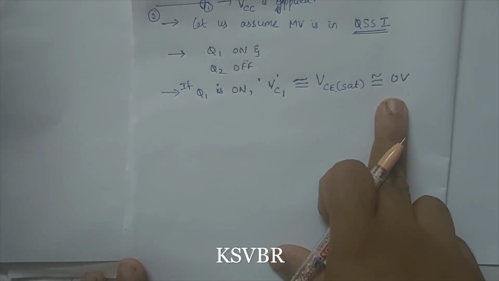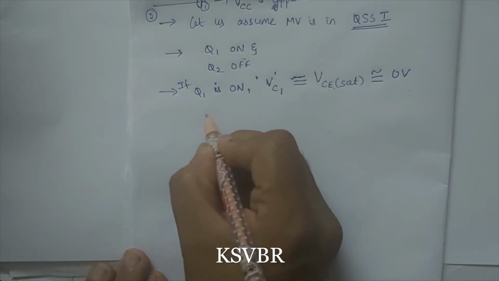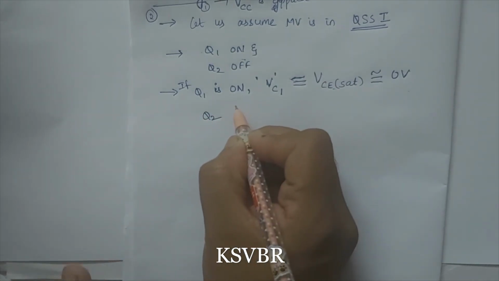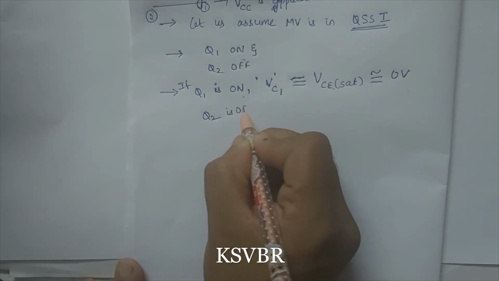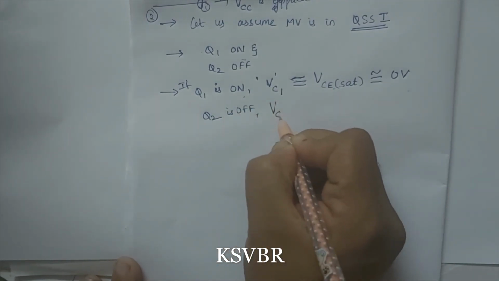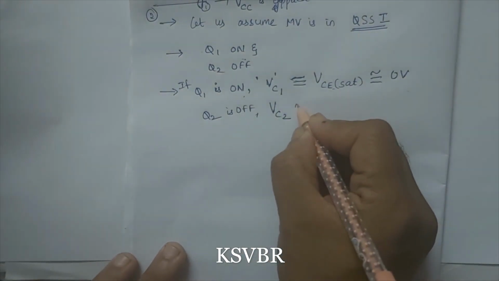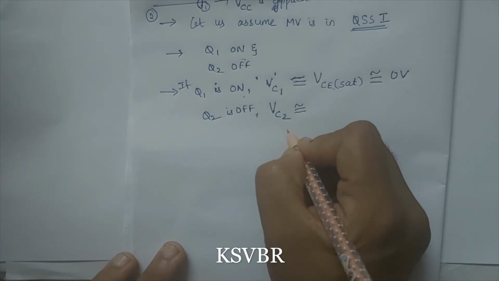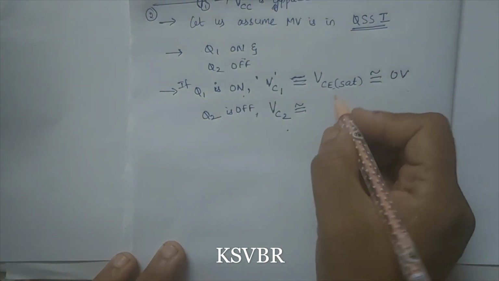Next, at the same time, during the same duration, when Q1 is on, Q2 is in off condition. So when Q2 is in off condition, what about the output VC2? This is the off transistor. For an off transistor, we know that the output is equal to VCC.